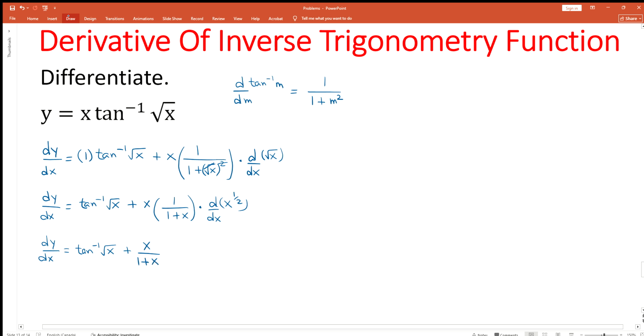We can use power rule of derivatives to find the derivative of x to the power half with respect to x. As per the power rule, we move the exponent half to the front of the term and subtract 1 from half in the exponent. We can simplify this step further.